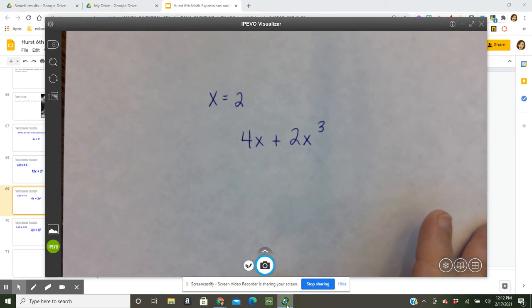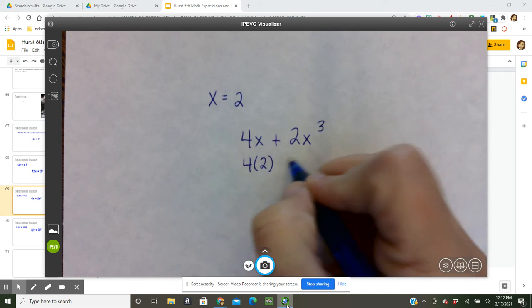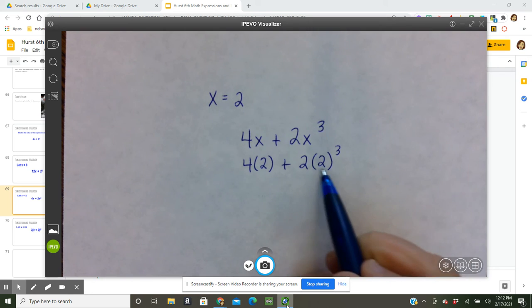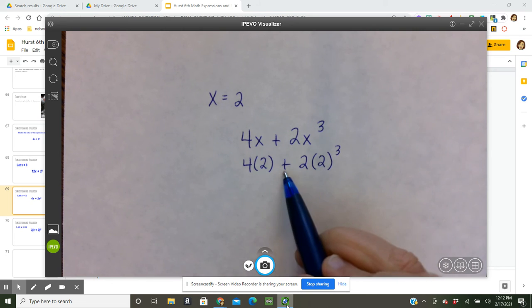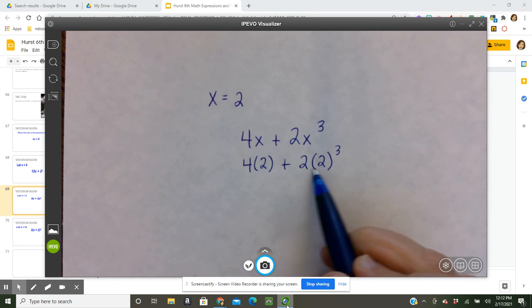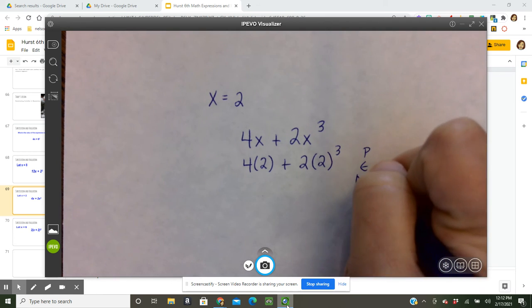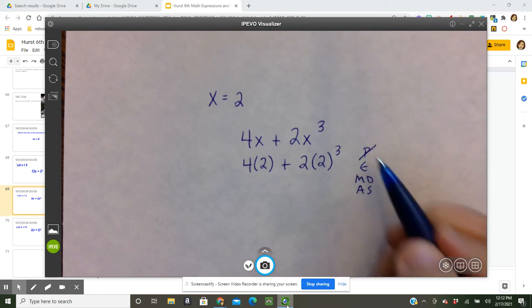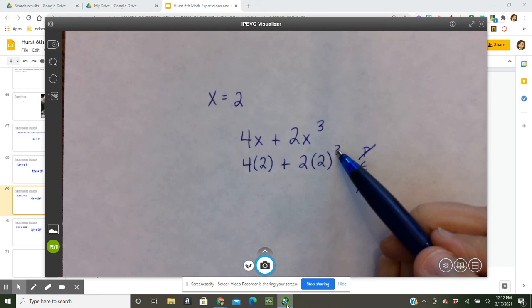All right, so if you paused the video, we're going to substitute in the 2. And then this looks kind of funny right here because you have a lot going on. So let's just talk about it. Here we have multiplication, 4 times 2, addition. This is multiplication, but then you also have exponents. So if we're following the order of operations, there's nothing to do inside the parentheses. So we have to do our exponent next, and that would be 2 to the third.